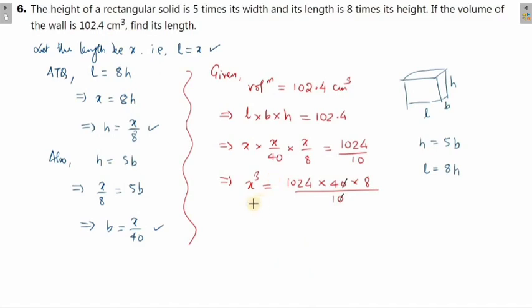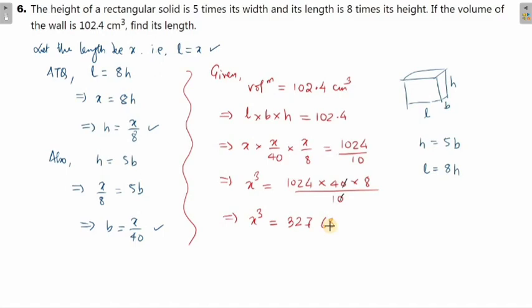So we have x cube is equal to, so let's multiply this number. So we have 1024 into 4 into 8. So when you multiply it, you get 32768. So 32,768. That's what you are going to get.